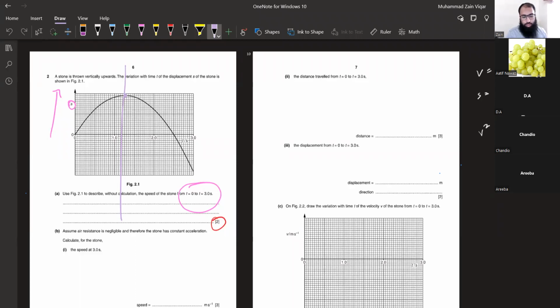From a non-zero value, say 10 meters per second, it becomes zero. There is a point up to which the ball goes, the velocity becomes zero, and then it starts moving downwards. At the point where the velocity becomes zero, the speed is also zero.